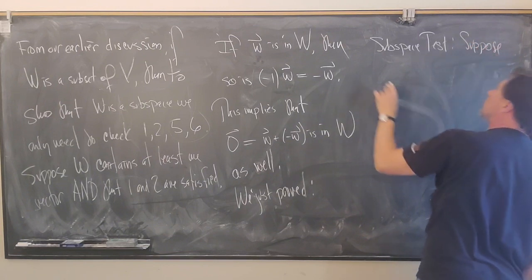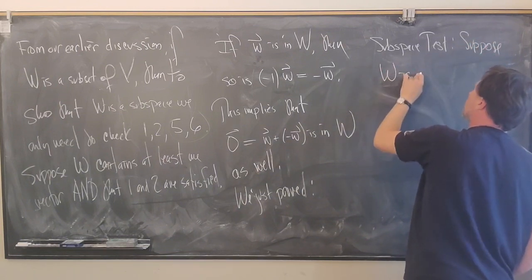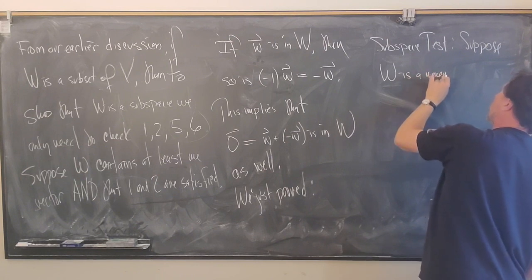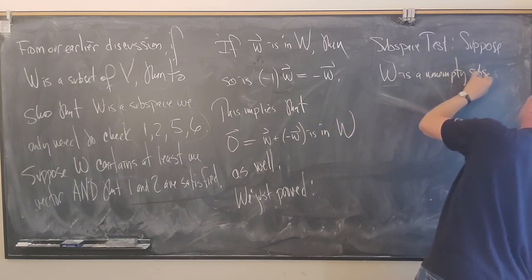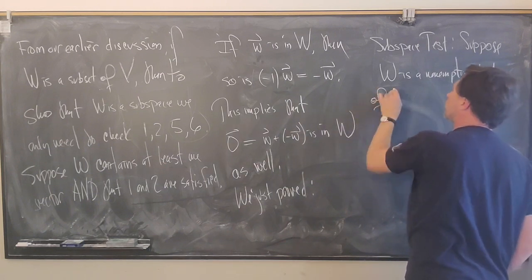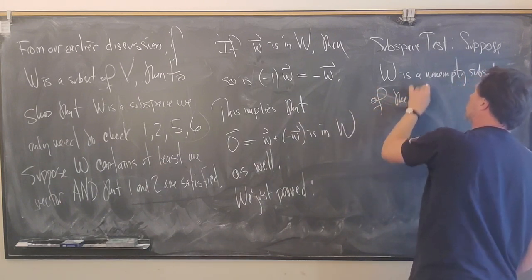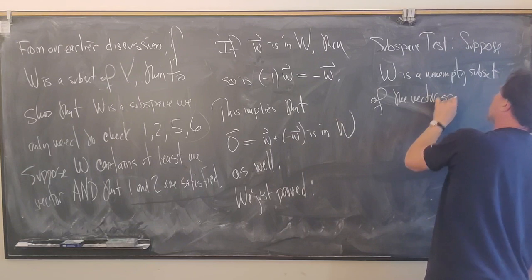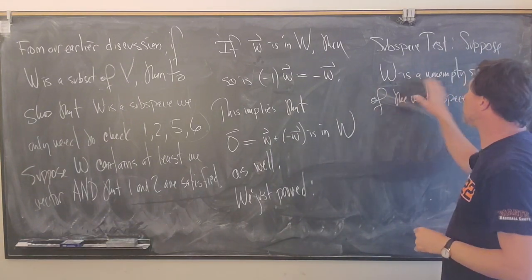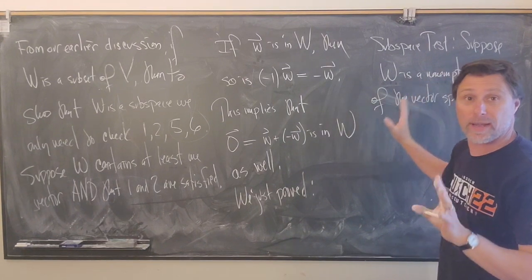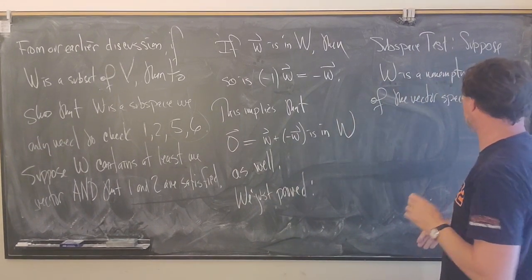So, suppose W is a non-empty subset of the vector space capital V. When I say non-empty, that means that it has at least one element in it, at least one vector.